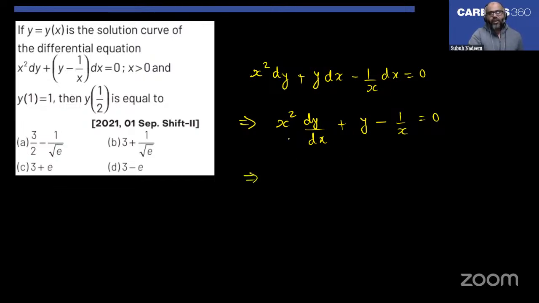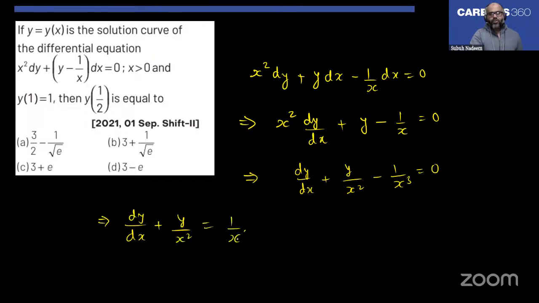Now, if we divide this expression by x square, it will be dy by dx plus y by x square minus 1 by x cube equal to 0. So what we get is dy by dx plus y by x square is equal to 1 by x cube.